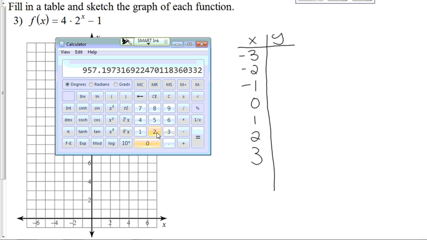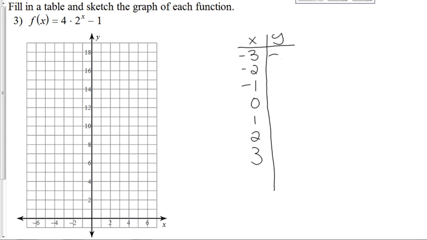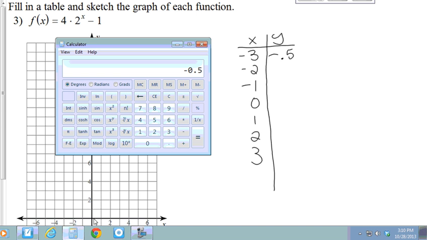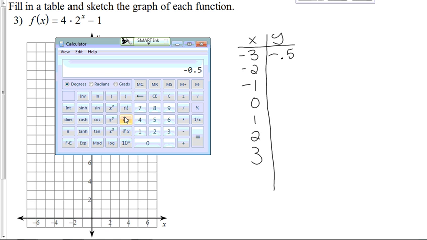PEMDAS says I need to do the exponent first, so 2 to the negative third power, then multiply by 4, and then take away 1, and end up with negative 0.5.